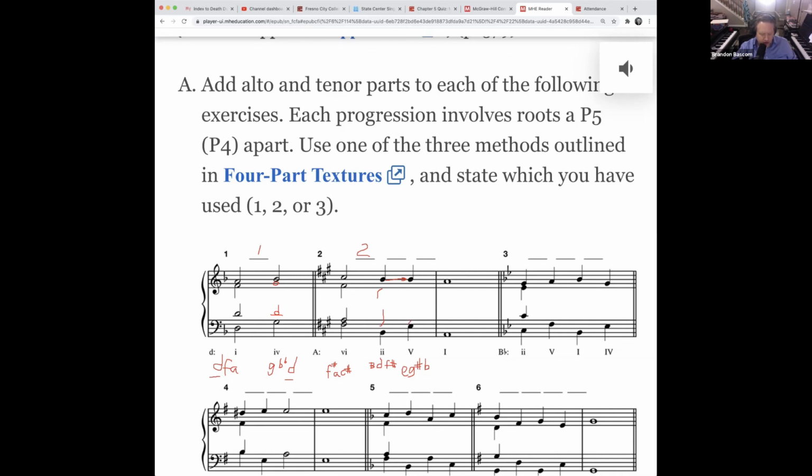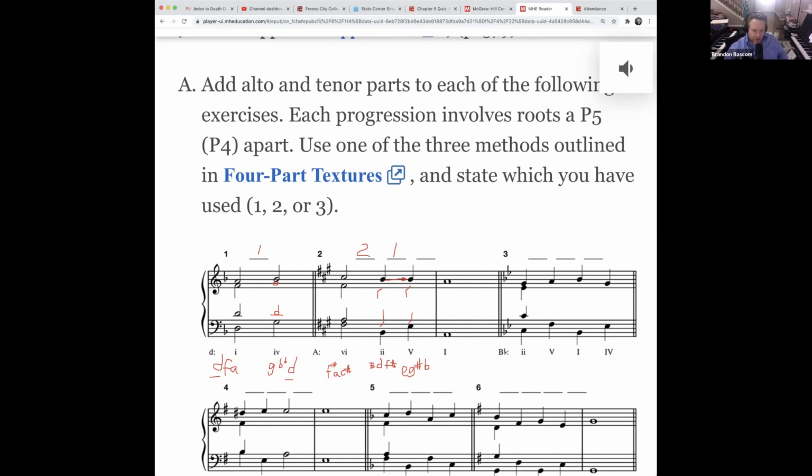Can this go to the G sharp? Can this go to the E? Ooh, I like that better. I think it sounds cleaner. Is everybody all right with that?